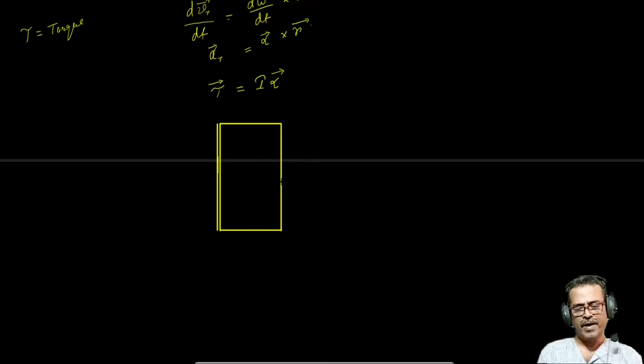If we apply a force at the free end, it requires less force to rotate it. If we apply force that is closer to the axis of rotation, we need greater force.